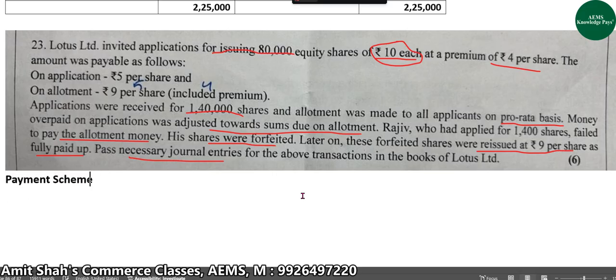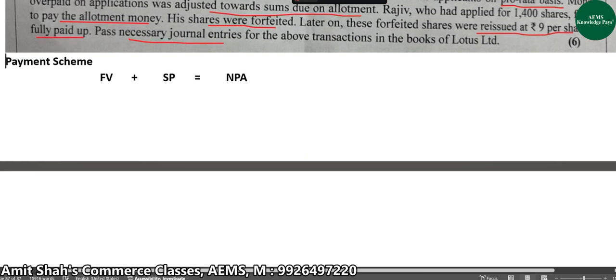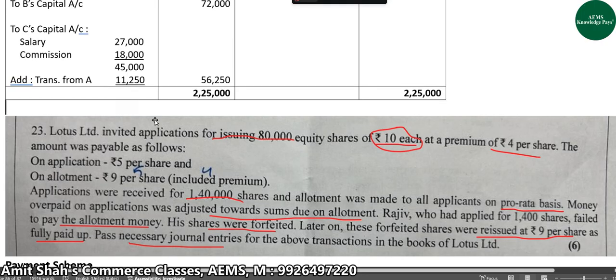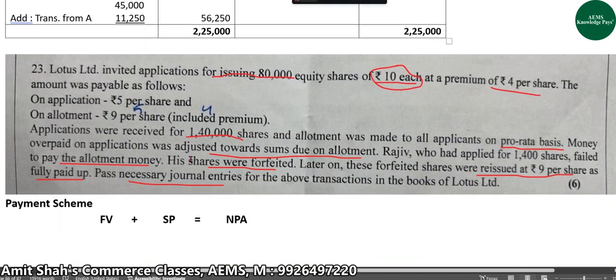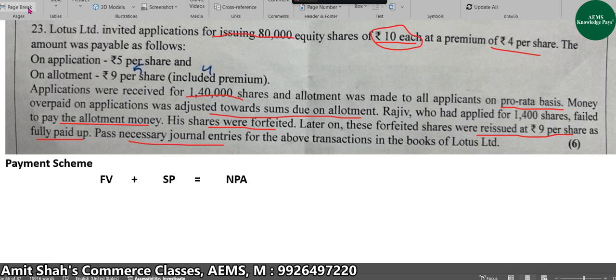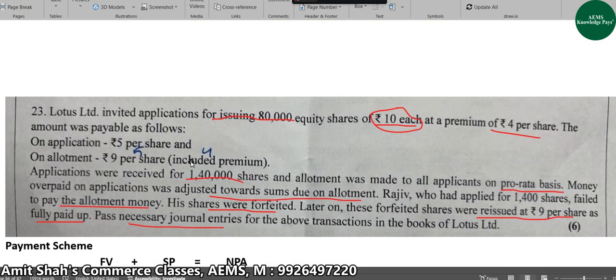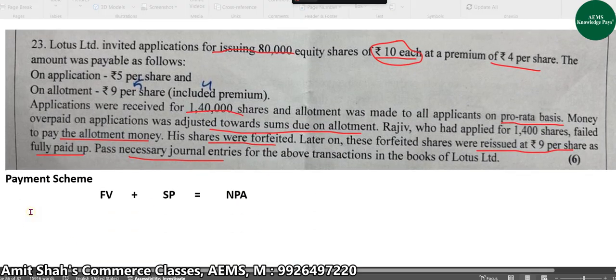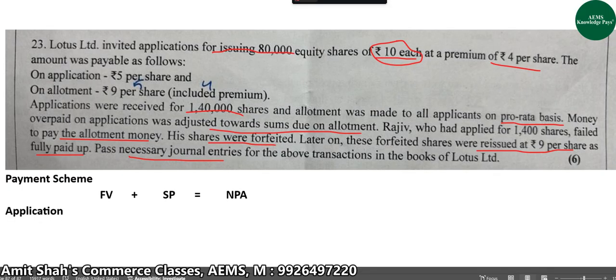So payment scheme is like this. We have face value plus securities premium, which makes net payable amount. On application, face value is rupees 5 and there is no premium, so net payable amount is rupees 5 per share.